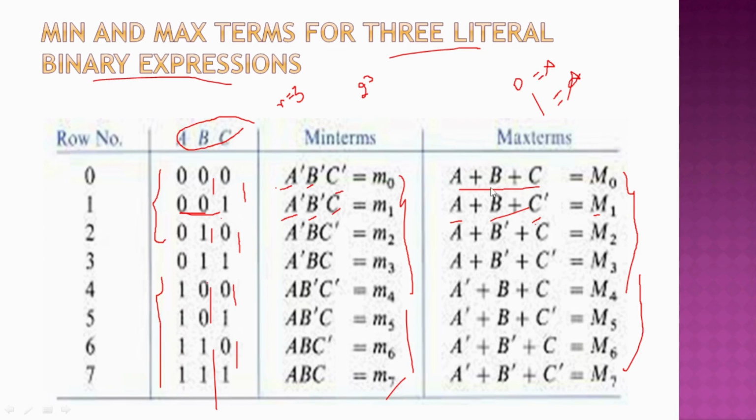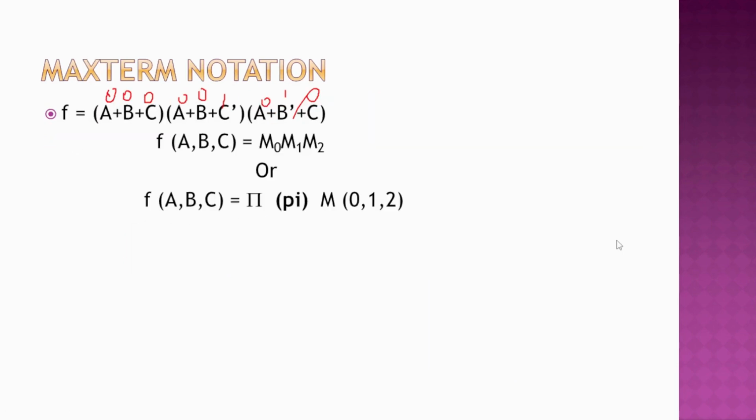So A plus B plus C is represented with M0. A plus B plus C dash is represented with M1. A plus B dash plus C is represented with M2. Here you need to write it as a product term: M0 into M1 into M2.